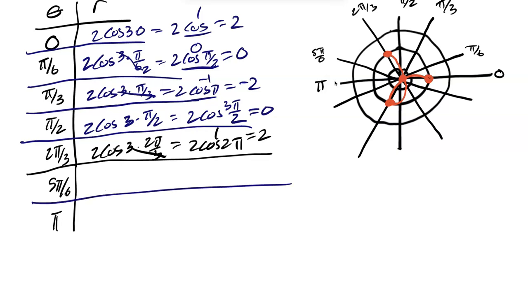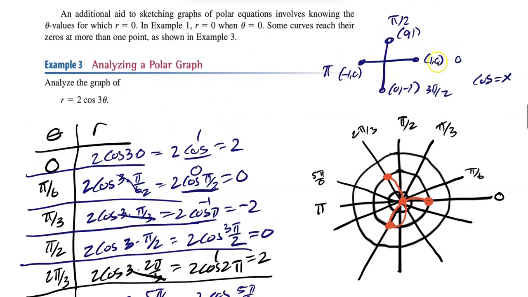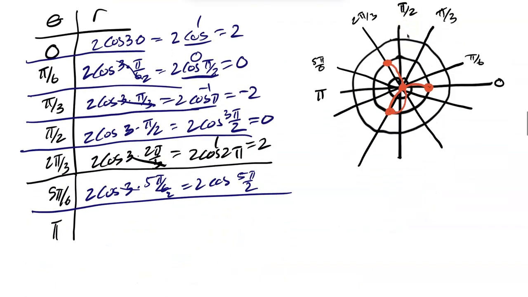Next one's 5 pi over 6, so 2 times cosine of 3 times 5 pi over 6. Those reduce, and I get 2 times cosine of 5 pi over 2. So 5 pi over 2, so here's 0, pi over 2, 2 over 2, 3 over 2, 4 over 2, 5 over 2. So it's right there, it's 0.